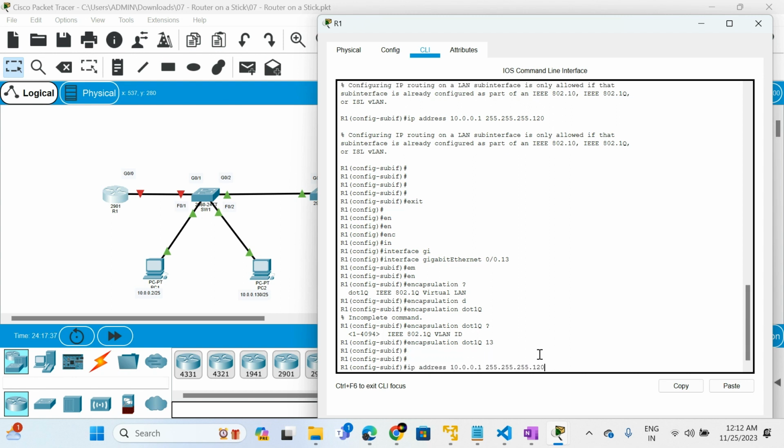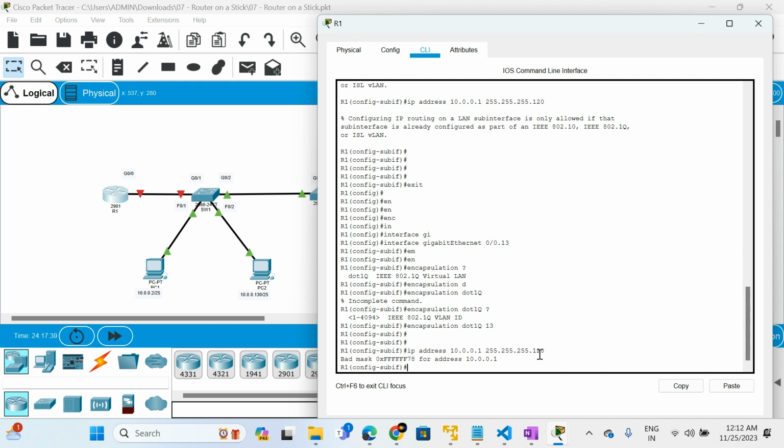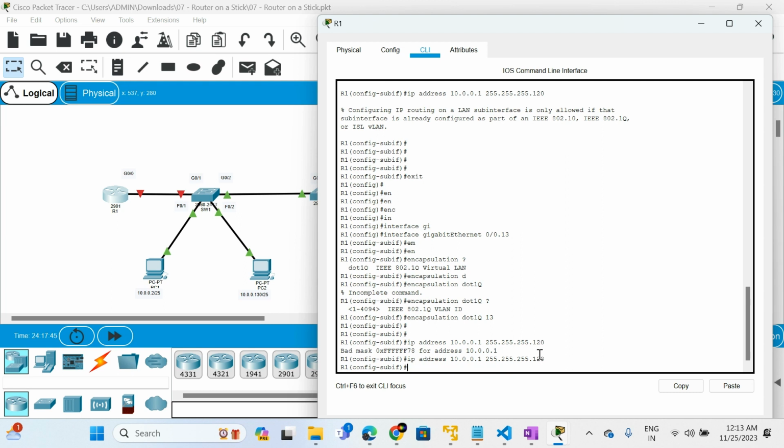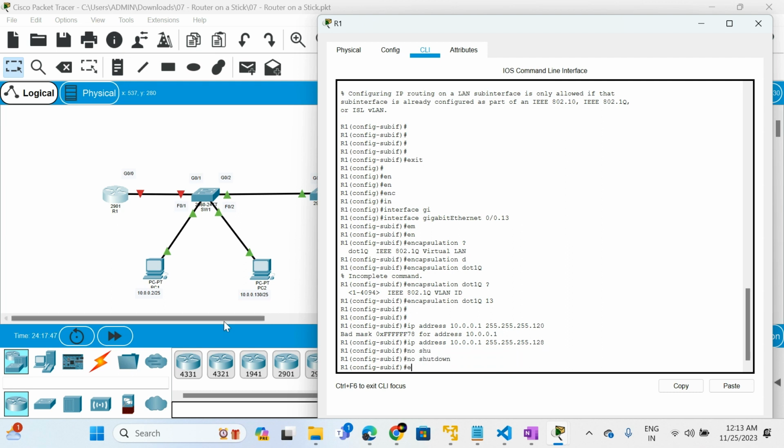Then I'm keeping it in the same network, giving the 10.0.0.1/25 network here.